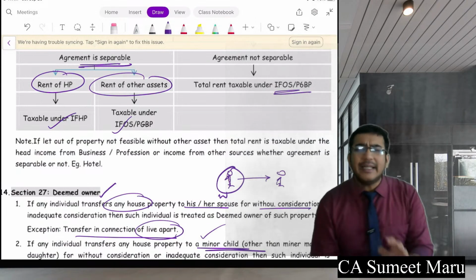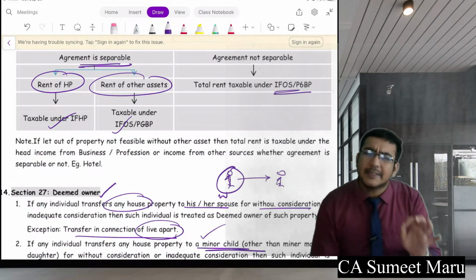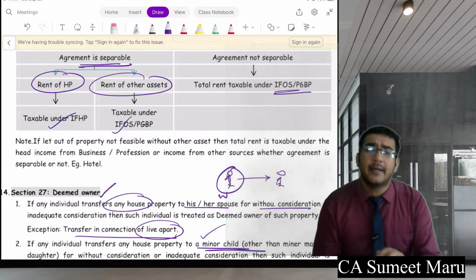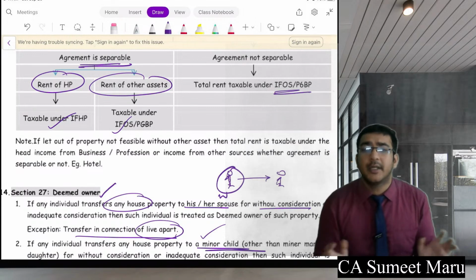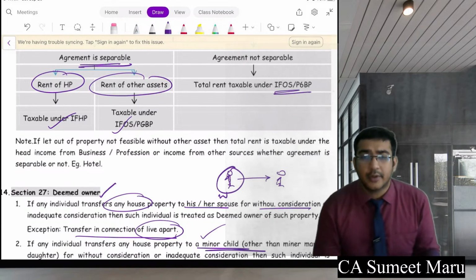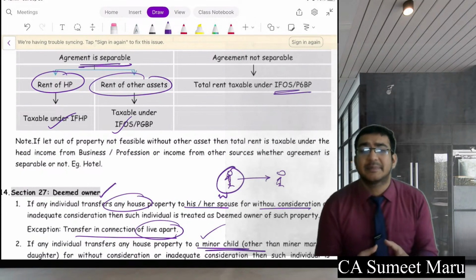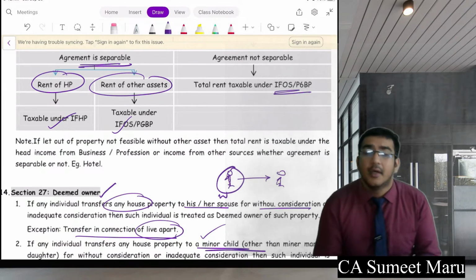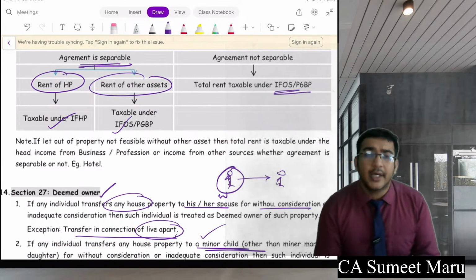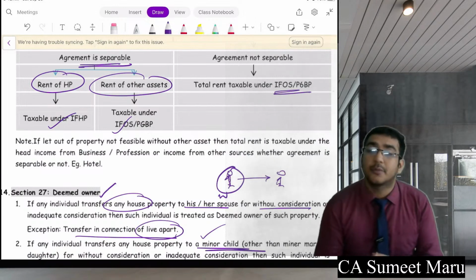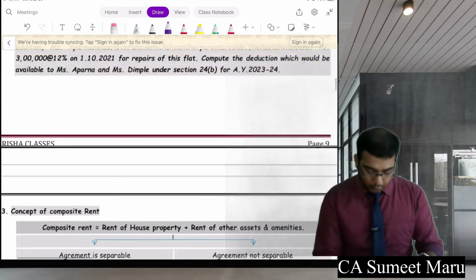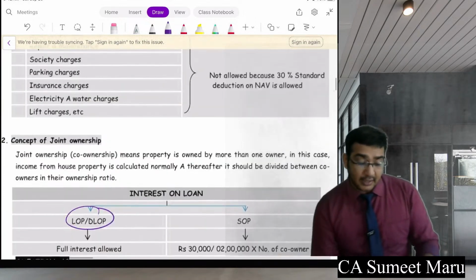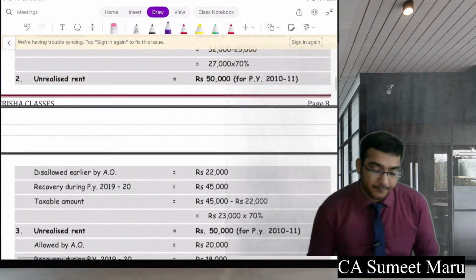If you have any query, please specify it and ask me to repeat, I will repeat it n number of times. Make maximum benefit of the availability of all the faculties. We have arranged this session specially for your revision, so please make maximum benefit. Please let me know if you have any query in this chapter. If not, I will just take you to the question shortly.